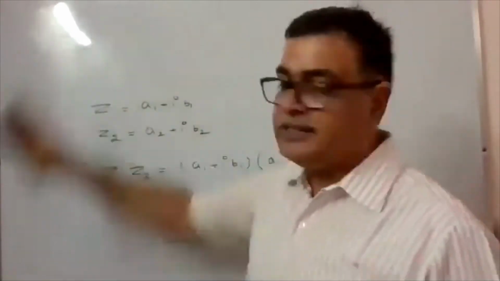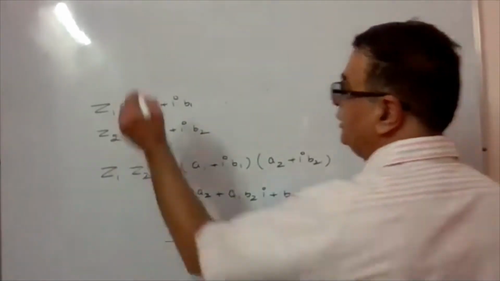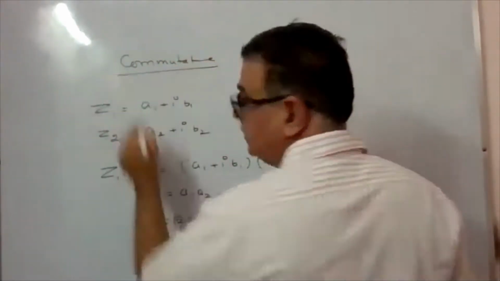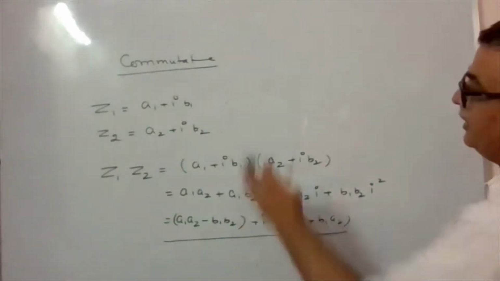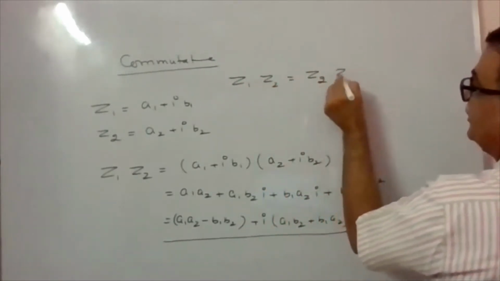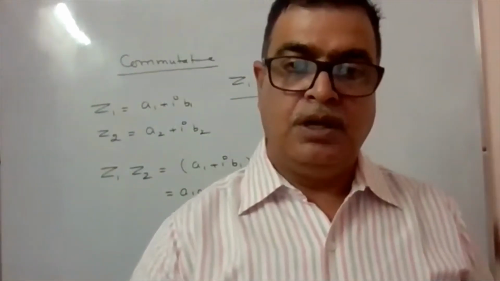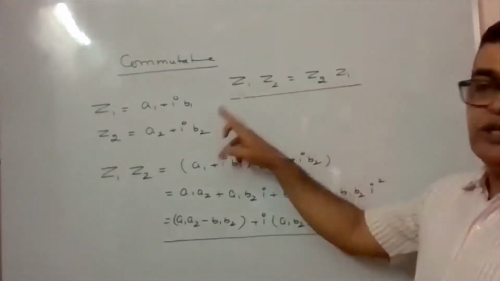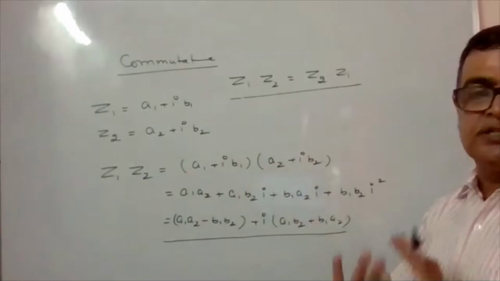Now we are coming to properties of multiplication. The first property says the commutative property holds here. Whether you take Z1 into Z2 or Z2 into Z1, the result comes out to be the same. So either you take these two together or you interchange them, the result comes out to be the same.